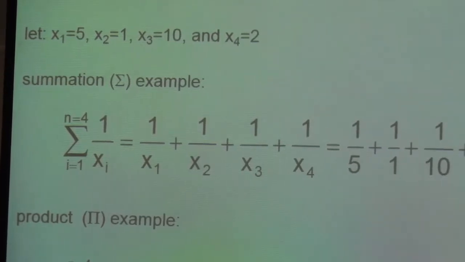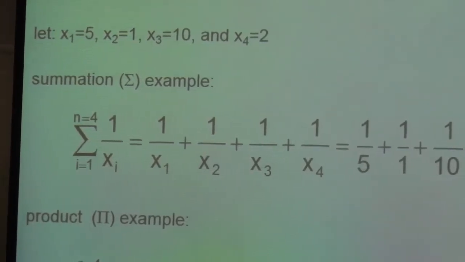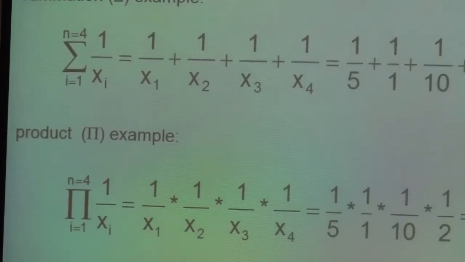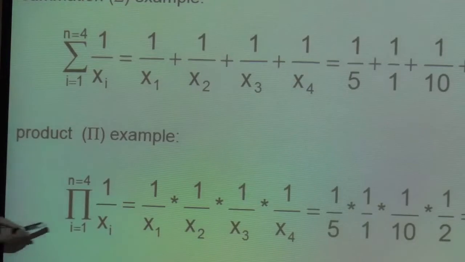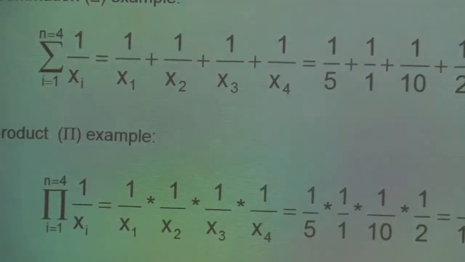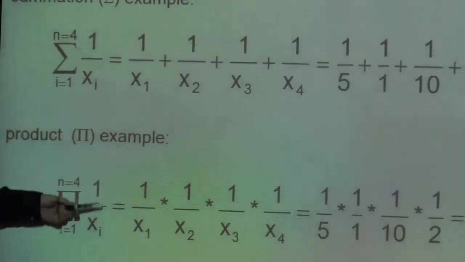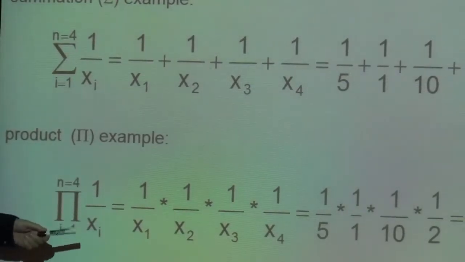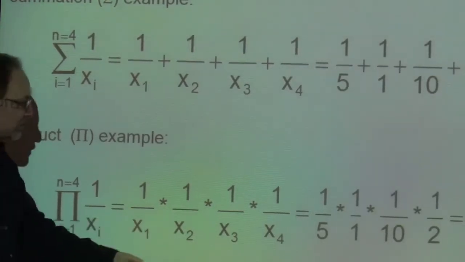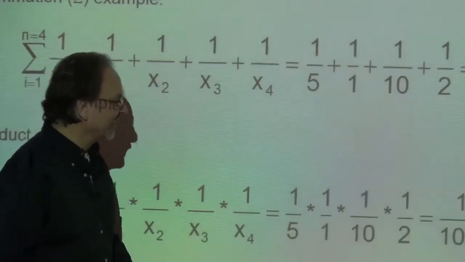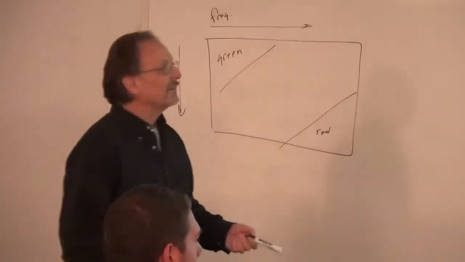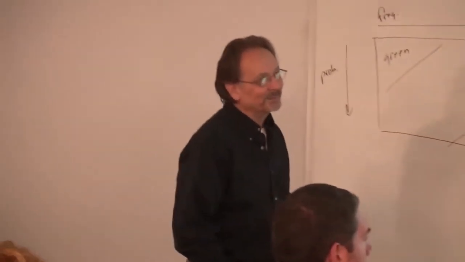Now, another thing that is virtually the same thing, but it's called the product sign, and it uses a capital pi instead of a capital sigma. And you have the lower limit and the upper limit, except instead of adding the operation inside the function, you multiply them. So this is 1 over x1 times 1 over x2 times 1 over x3 times 1 over x4. And it gives you a substantially different answer, obviously. 9/5 versus 1 over 100.